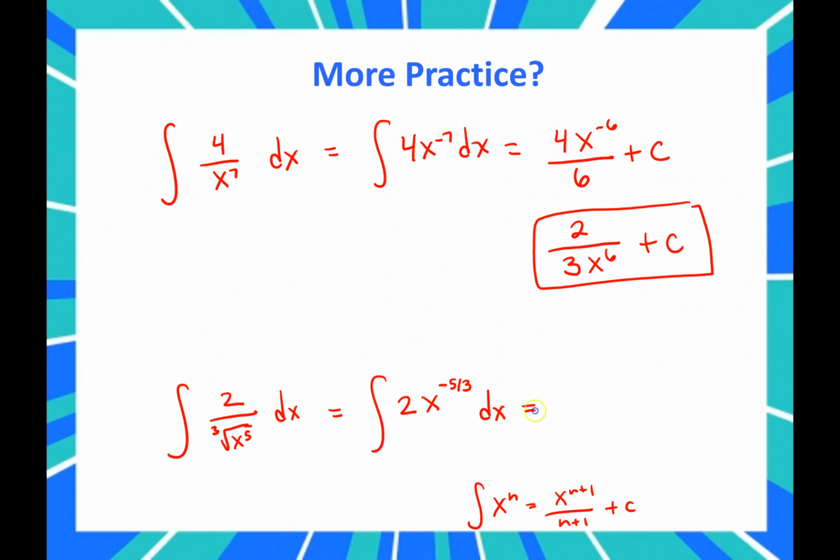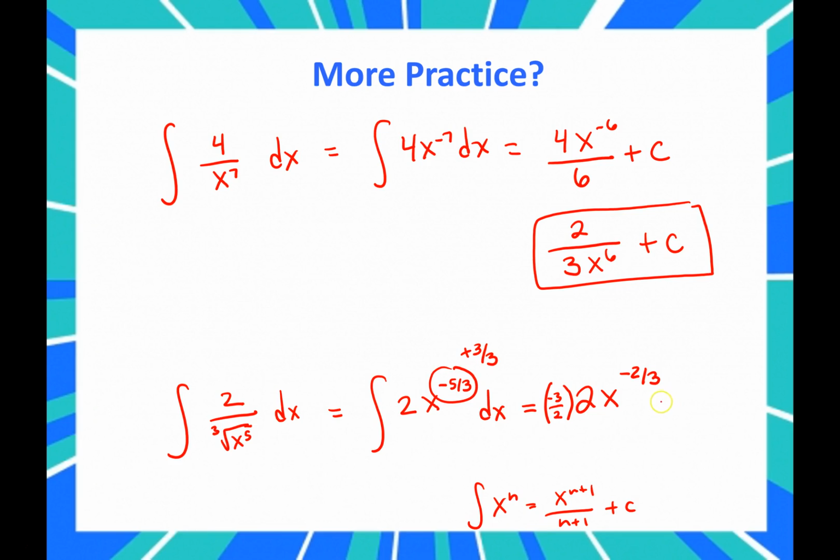All right, this last one here, I'm going to add 1 to -5/3. So I'm going to add 3 over 3. So this is going to give me, I'm going to keep that 2 there. So a -5/3 plus 3 over 3 is going to give me a -2/3. And then I need to divide by -2/3, which is actually the same thing as multiplying by its reciprocal of a -3 over 2. We don't change the sign, that's perpendicular lines, we just flip it.